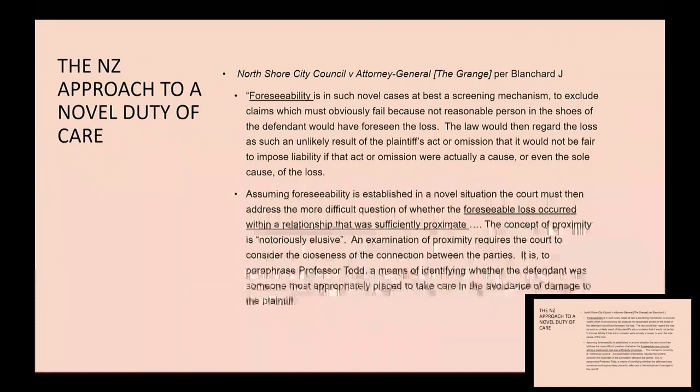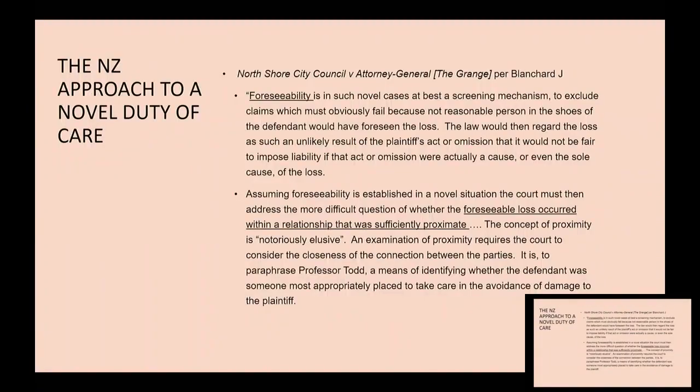Foreseeability is the inquiry that excludes claims that must obviously fail because no reasonable person in the shoes of the defendant would have foreseen the loss. And the law would then regard that unforeseeable loss as such an unlikely result of the plaintiff's act or omission that it would not be fair to impose liability, even if that act or omission were a cause or even the sole cause of the loss. If you can't foresee it, you can't take action to avoid it.